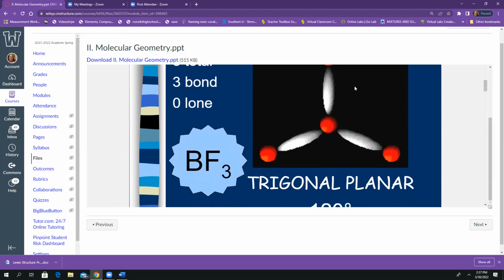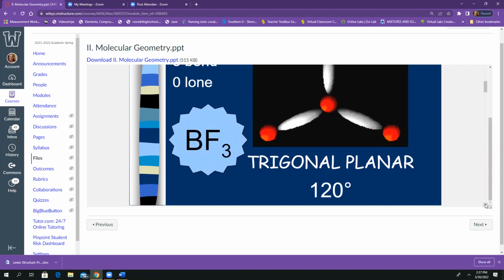Don't look at the other part, just the central atom. There's 3 of them. And there are no lone pairs at all. You'll see what a lone pair looks like. It looks like a big goose egg on top. And that is a trigonal planar, like I said, and the angle between the bonds is 120 degrees.